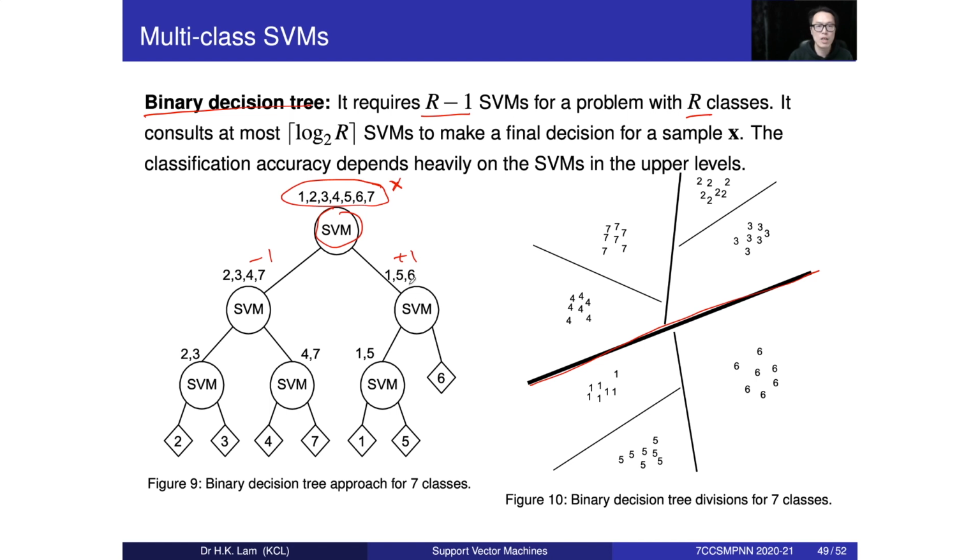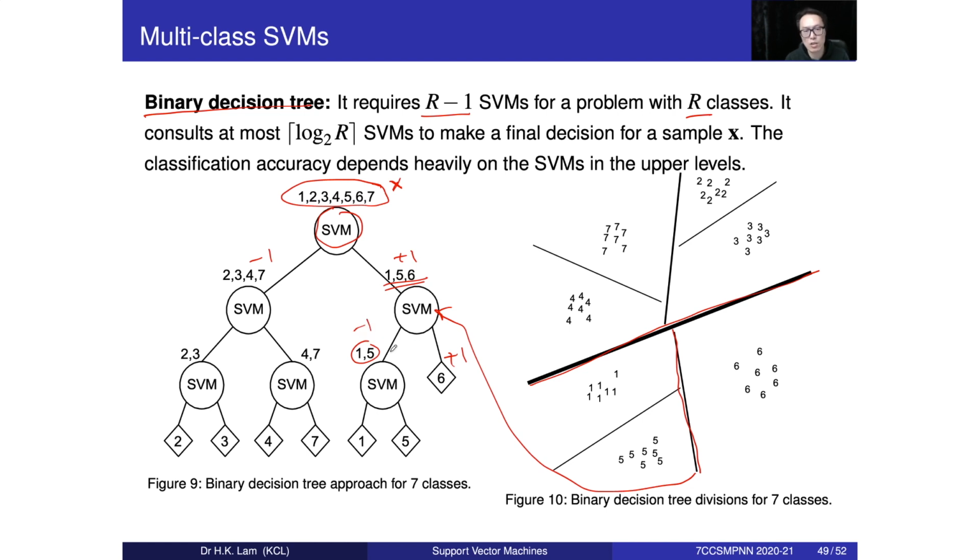Yeah. Now, when we get to this point, based on 1, 5, 6, we are going to design another classifier. This classifier, that is the second layer, can tell you whether it is 6. For example, we relabel class 6 to +1 and 1, 5 to -1.